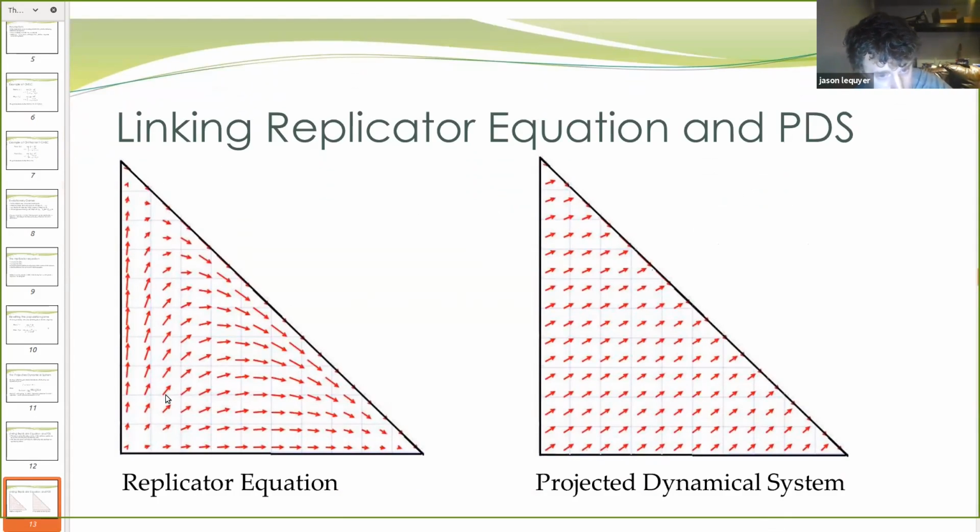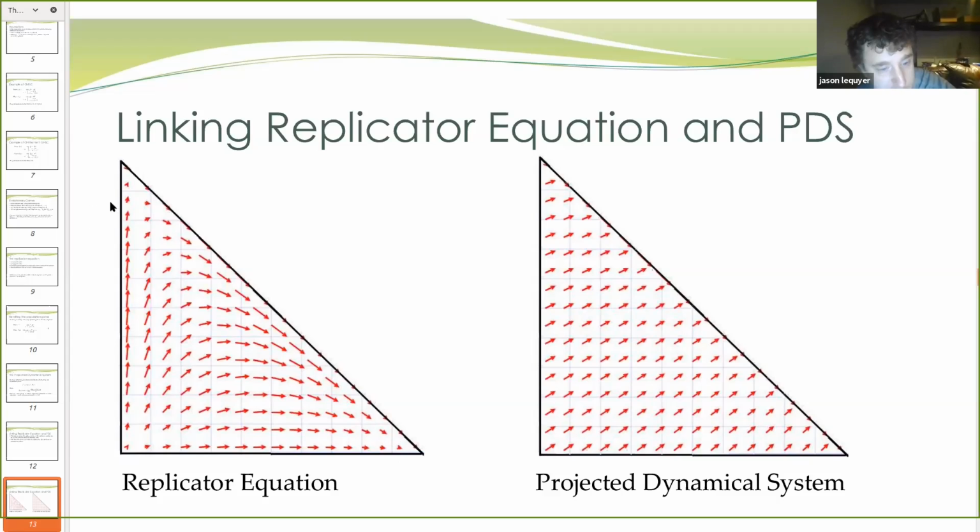The replicator equation does the same thing, but it kind of does it more gradually. It sort of slowly coerces itself into the tangent cone as it approaches the rest point, and it slows down considerably as it gets nearer and nearer.